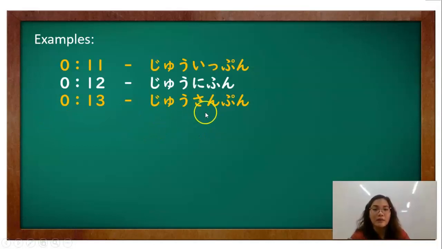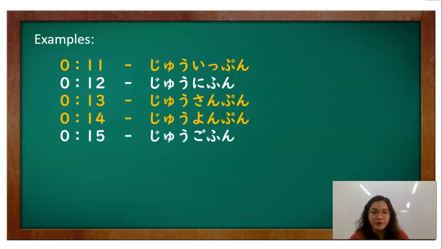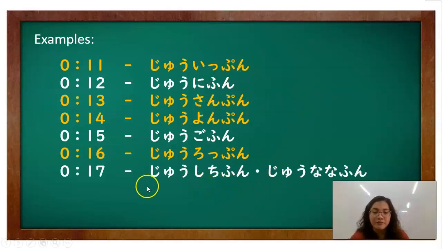Ju Sang Pun. 14, Ju Yong Pun. 15, Ju Go Fun. 16, Ju Rup Pun. 17, Ju Shichi Fun or Ju Nana Fun.